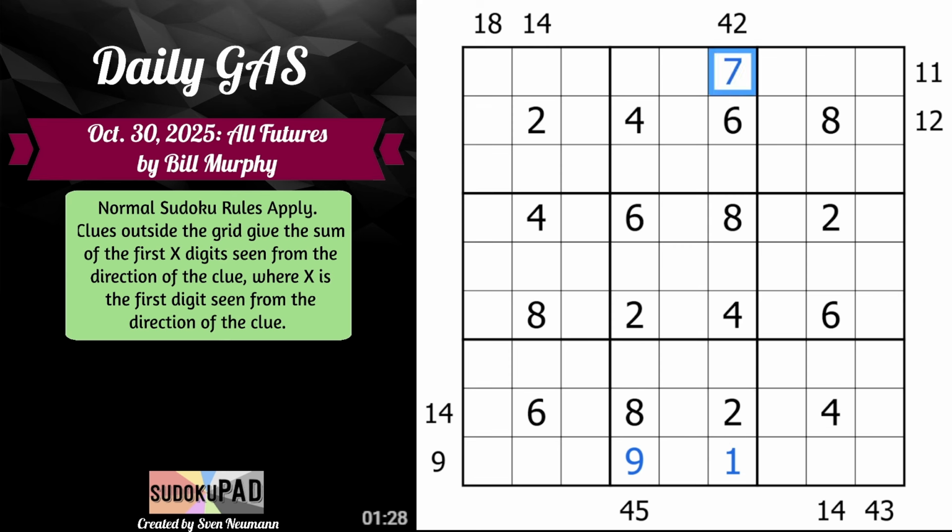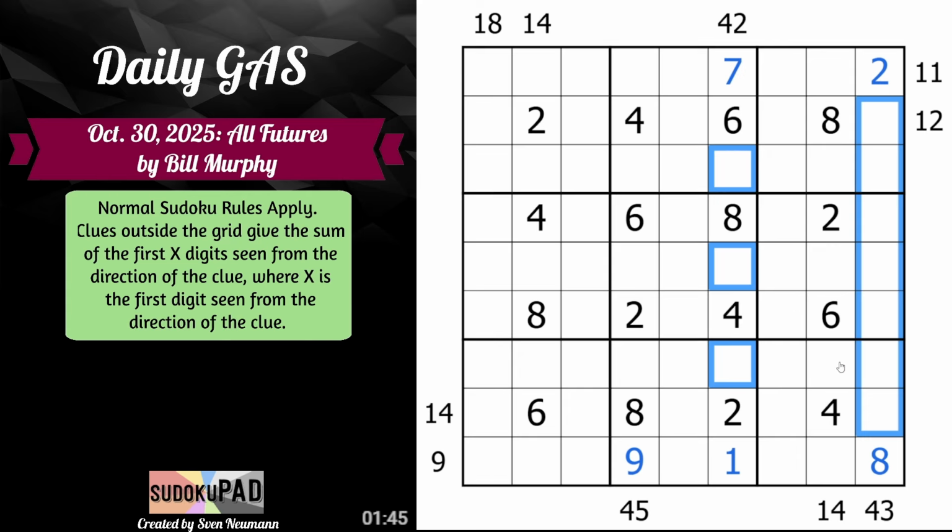And that's exactly what we're going to do to make that 42 possible. 43 has 2 missing. The only way that works is if this is a 2 here, and this will be an 8. So again, I won't repeat it after this, but however we place these digits, as long as it's still conforming to our normal Sudoku rules, these sums will be maintained. So no need to worry about those anymore.